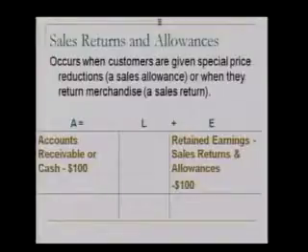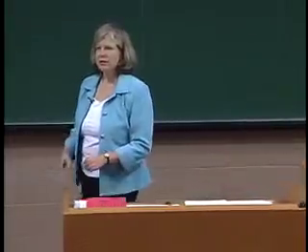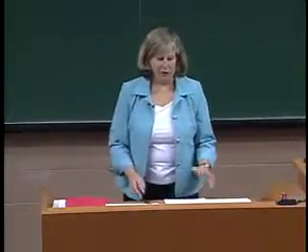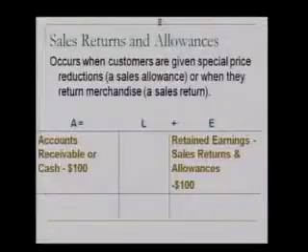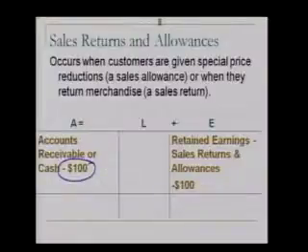Now, sometimes customers are given a special price reduction or sales allowance. You know, it's not quite perfect. You know, it's not exactly the color you want, but you'll buy it if they take off some money. Okay. Or they might return some merchandise. Okay. So how do we record that? So let's say it's a $100 return in this case. We're going to reduce accounts receivable or cash by 100.